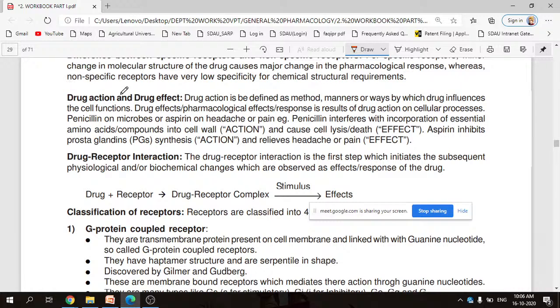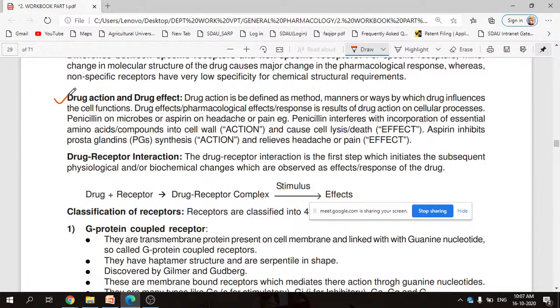Now, drug action and effect. This is very important to understand. What is the difference between drug action and drug effect? If you take paracetamol, it will reduce the body temperature, the pain and the fever. All that you are able to observe, the reduction in body temperature and pain, is known as drug effect.